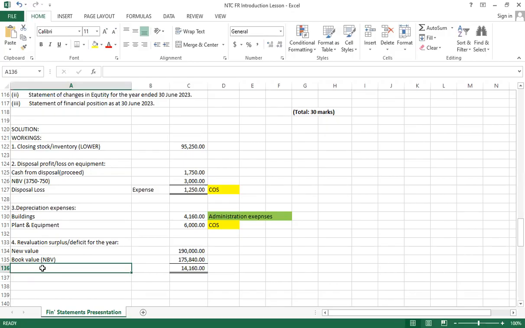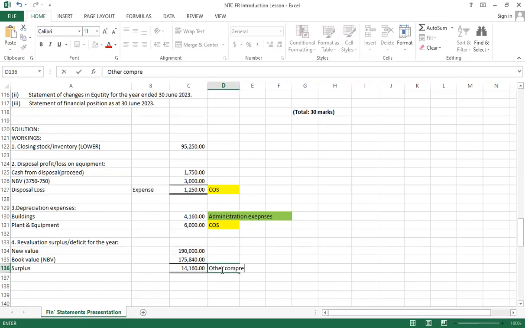A surplus. That is a revaluation surplus. Later, as we prepare our P&L, this surplus will be treated as other comprehensive income.